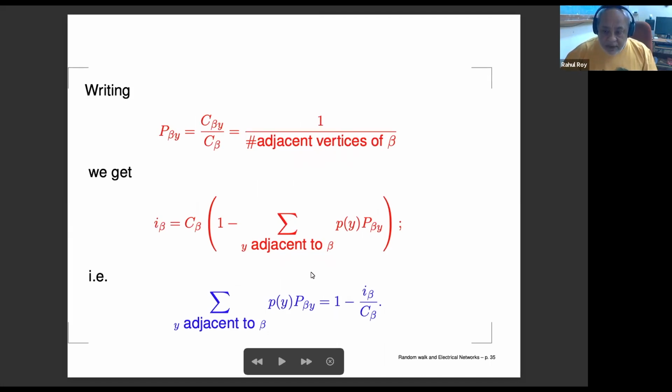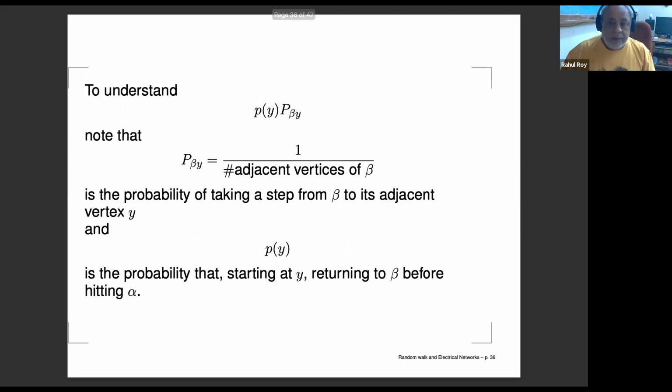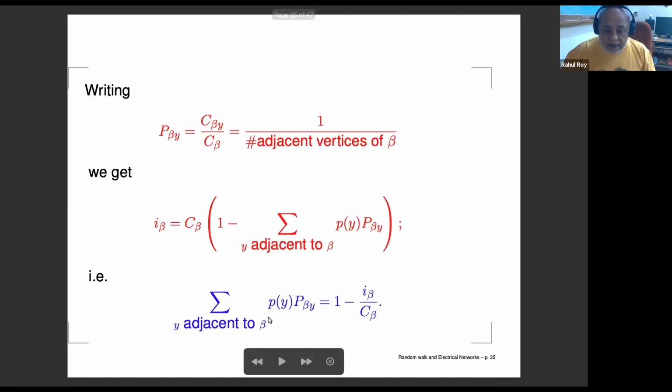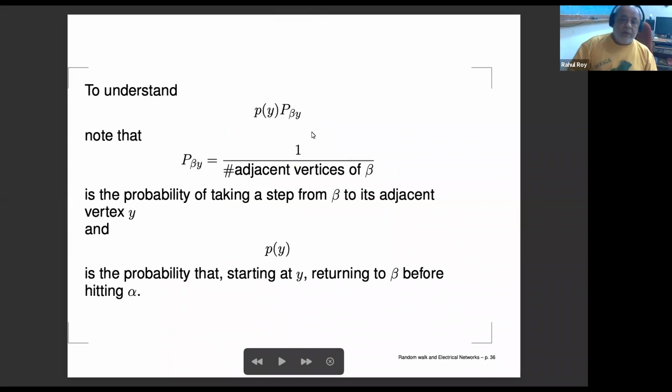In other words, if I bring this to the left, I have summation Py P beta y, sum over all vertices adjacent to beta, equals 1 minus I beta over C beta, because C beta goes here. So we have to understand this term, Py times P beta y, and that's what we want to do now.